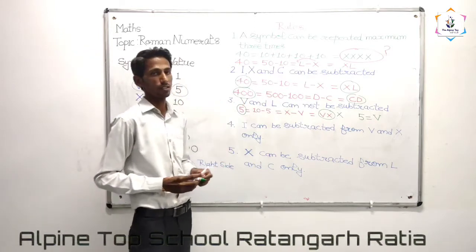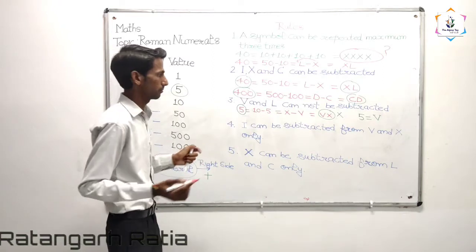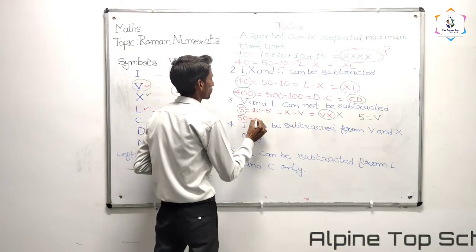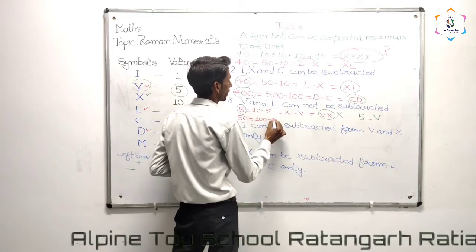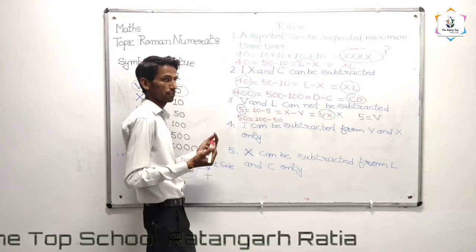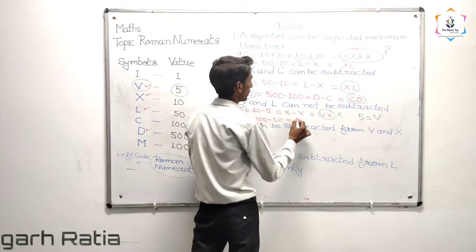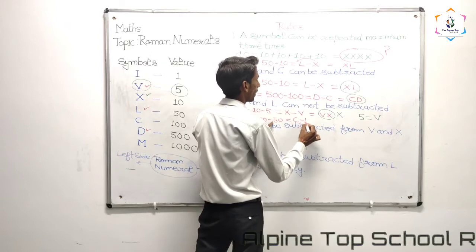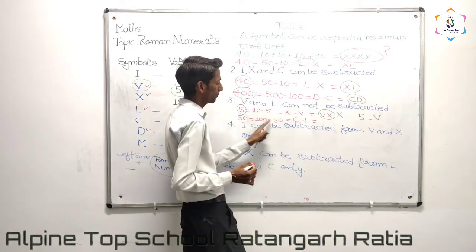V cannot be subtracted. In the same way, students, L cannot be subtracted. Just imagine I want to write 50. Obviously, students, if you subtract 50 from 100, you will get 50. It means for 100 we have a Roman numeral symbol C, and for 50 L. Here I am subtracting 50 from 100.